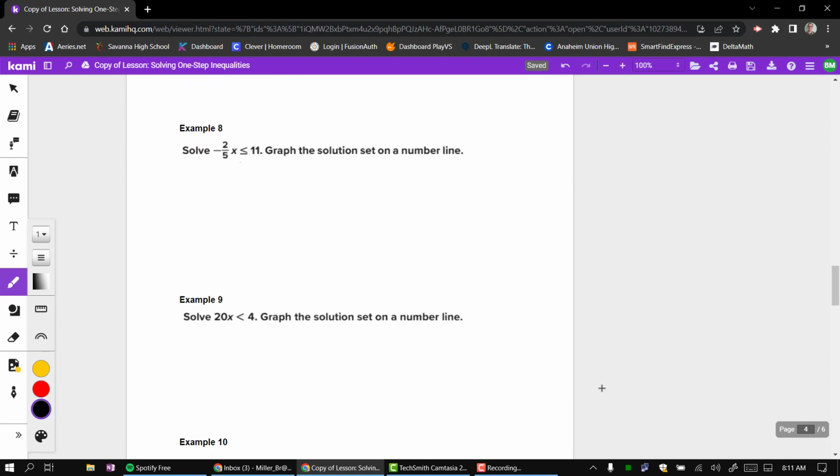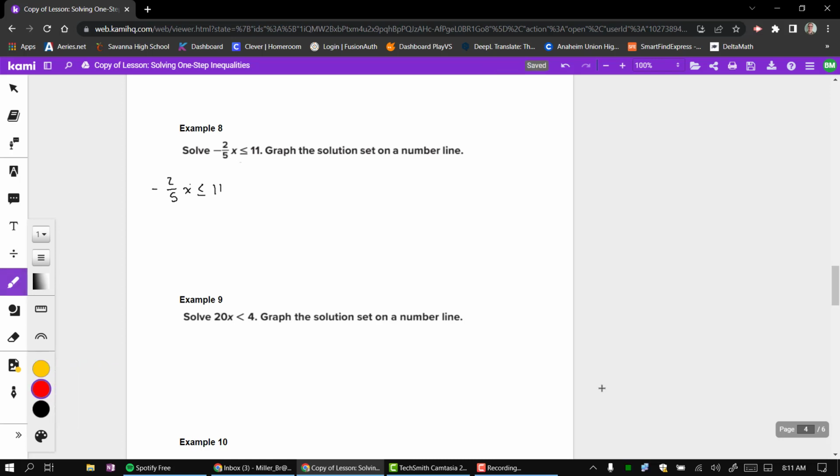So let's take a look at example 8. Solve negative 2/5 x is less than or equal to 11, and we want to graph it on the number line. So I'm going to multiply both sides by the reciprocal of this.